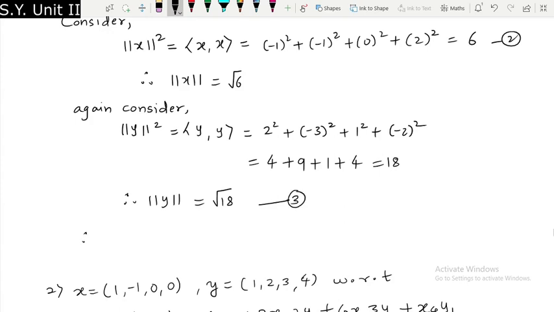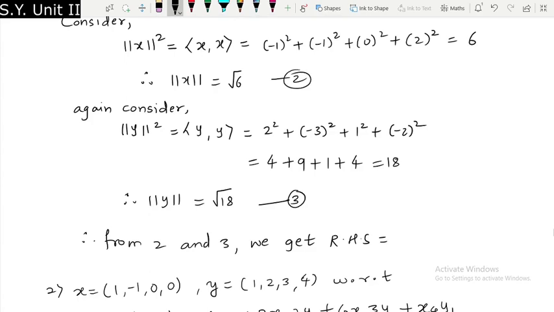Therefore, from 2 and 3, the RHS of our inequality is norm of x multiplied by norm of y, so under root of 6 multiplied by under root of 18. What is 18 times 6? I guess 108.